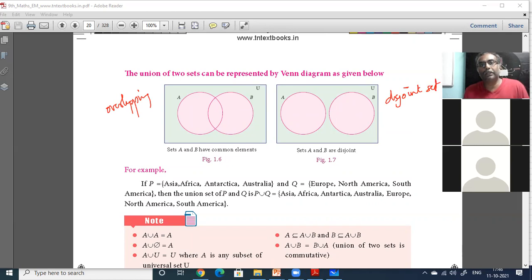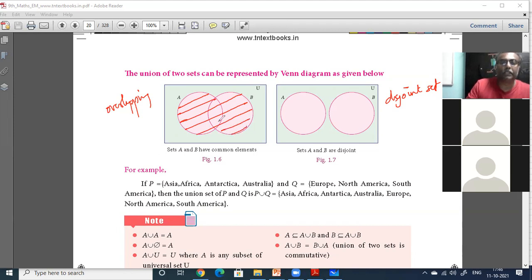Either way, the union of two sets is all that is in pink. Everything that is in pink, this whole thing, is A union B. So elements 1, 2, 3, 4, 5 are there. Either the elements are in A, or in B, or in both.